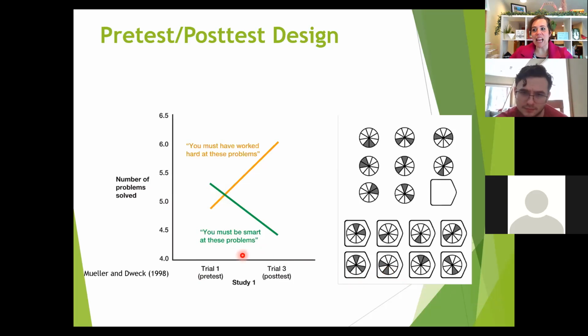So this design allows us to see that the difference in praise impacts performance. And the only way we can really show that is because we had a pretest that showed their performance was quite similar. Because now let's say you were to not do a pretest and you're like, hello, fifth graders, randomly assigned to 2 groups. You are told you're the smartest kids ever.